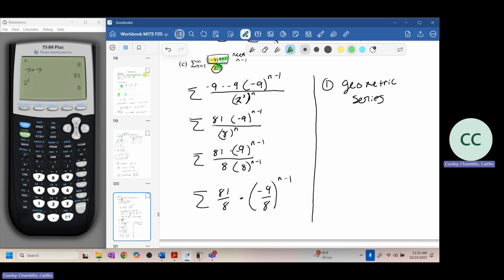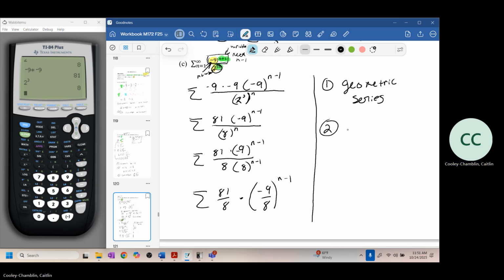So our n is in the power: number, variable. Running out of room. So this was a geometric series test that we use.